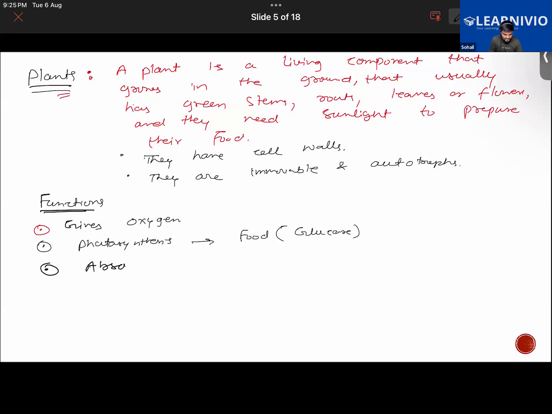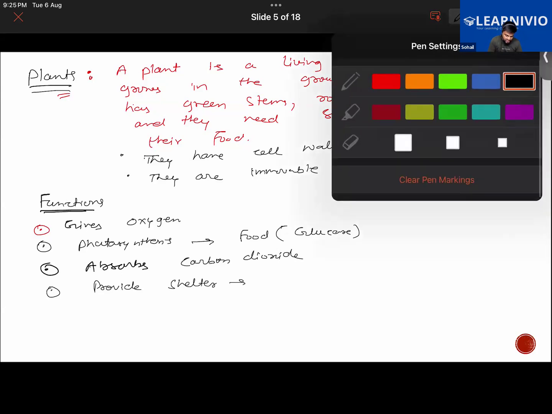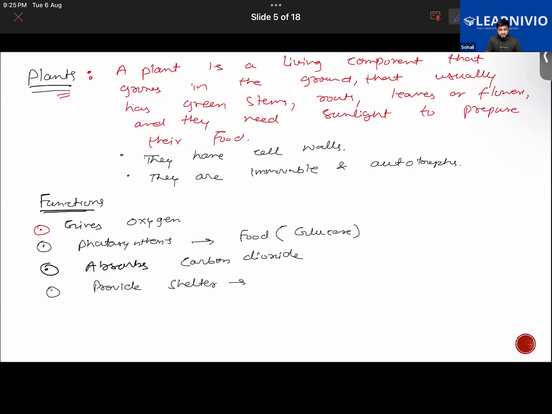They absorb carbon dioxide, right? And what else? Animals depend on them for shelter. Very good. So they provide shelter to different kinds of animals, not only to the organisms that you can view, but they are home to lots of microorganisms also.